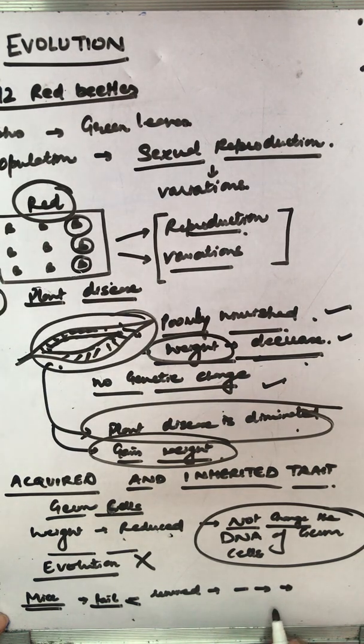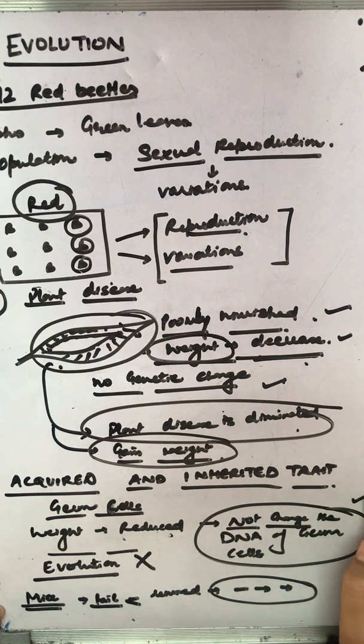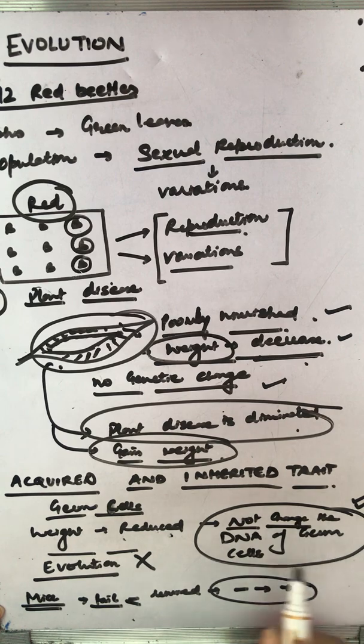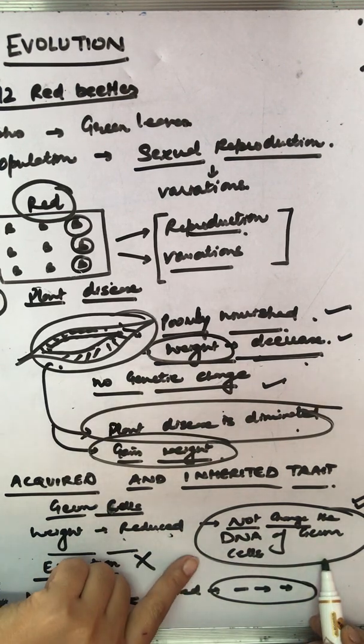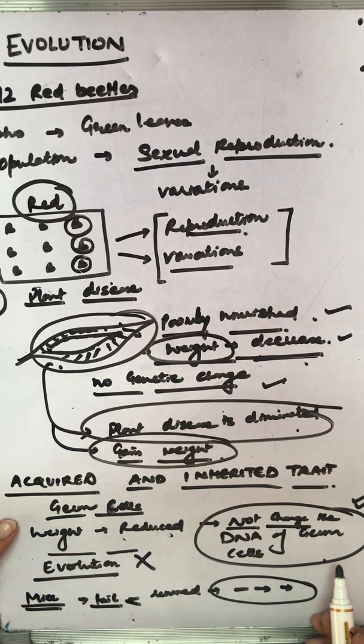The answer is no, and it makes sense because removal of the tail cannot change the genes of the germ cells of the mice. When there is a change in the germ cells, then only a trait is inherited. If it is not a change in the germ cells, the trait is not inherited.